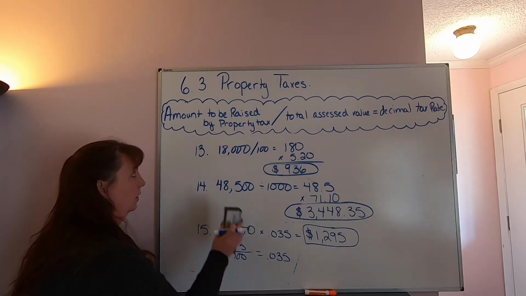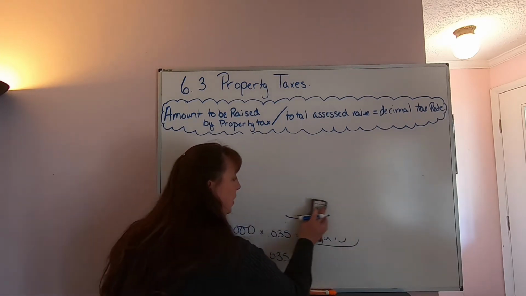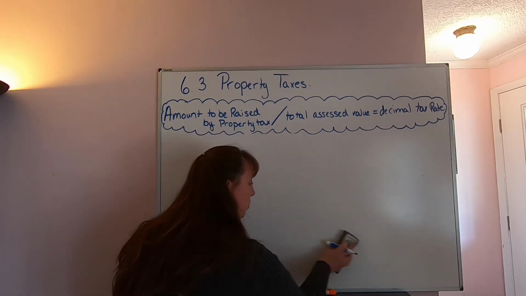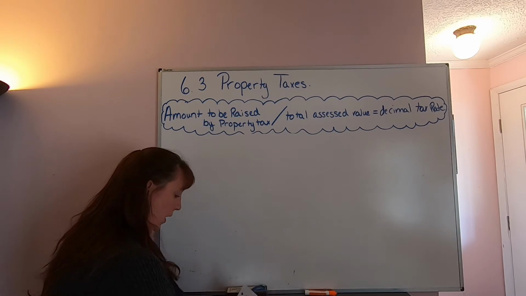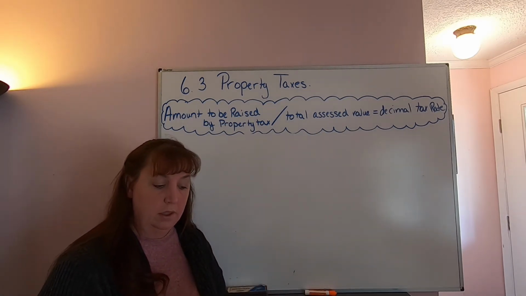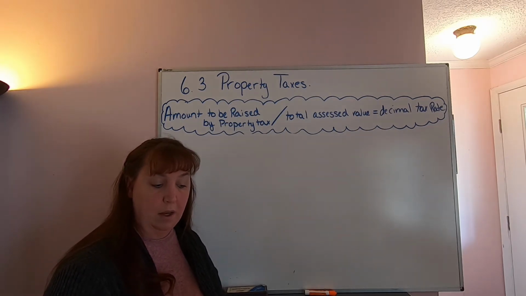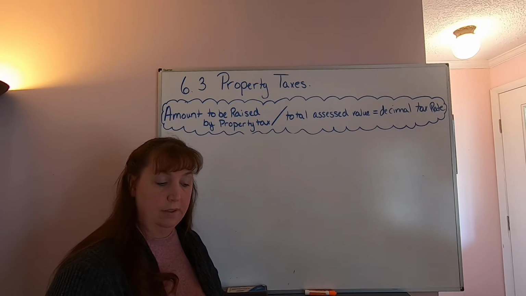Question 15. Question 16, we already did when we went over your notes. If you didn't get it, for 16 what we did is we changed the mils into dollars. It says 77.3 mils per dollar, so we divided 77.3 by 1,000.